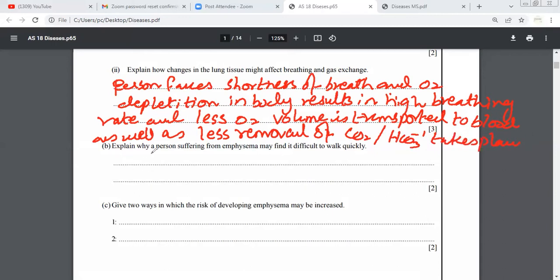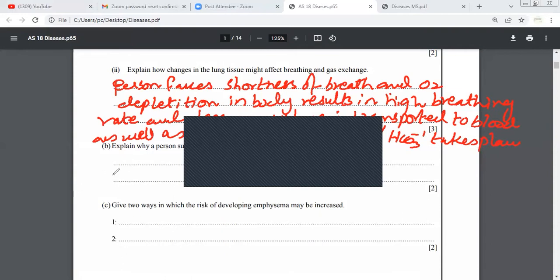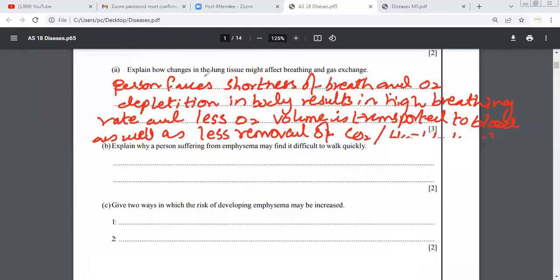Now the next question is, explain why the person suffering from emphysema may find it difficult to walk quickly.